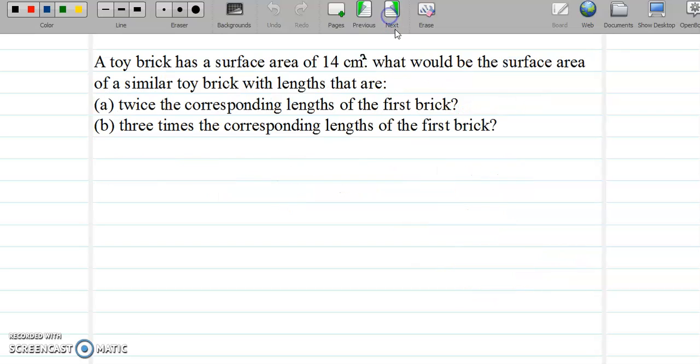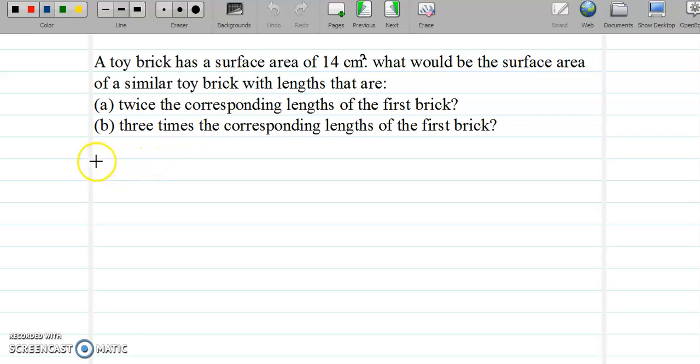Okay, now let's look at this. It says that a toy brick has a surface area of 14 cm squared. What could be the surface area of a similar toy brick with lengths that are twice the corresponding lengths of the first brick, and then 3 times the corresponding lengths of the small brick?